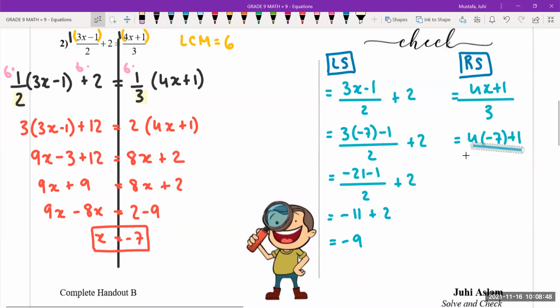Literally every single one of my lines is being so wonky. Same thing with this one. There we go. Okay, and then this is going to be over 3. This is going to be -28 plus 1 over 3.